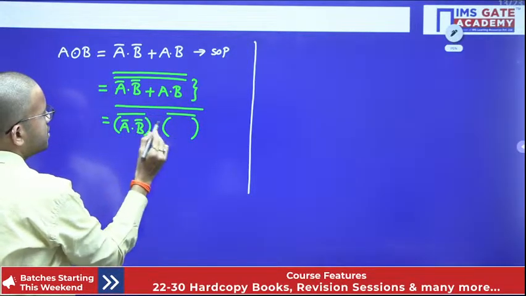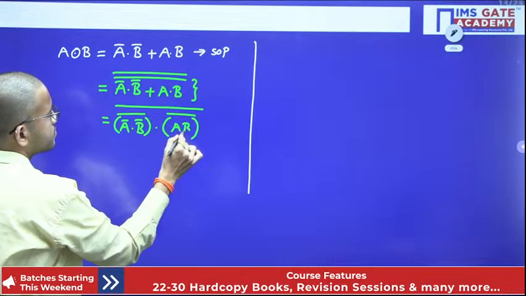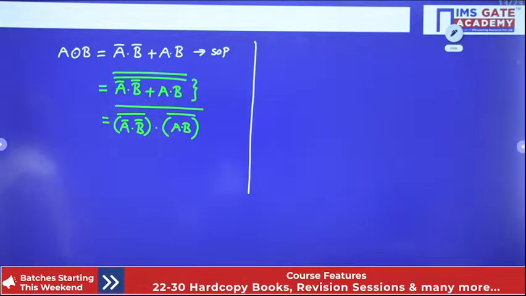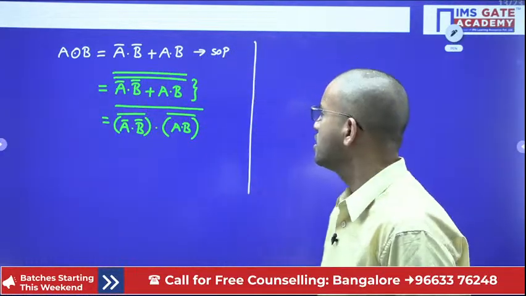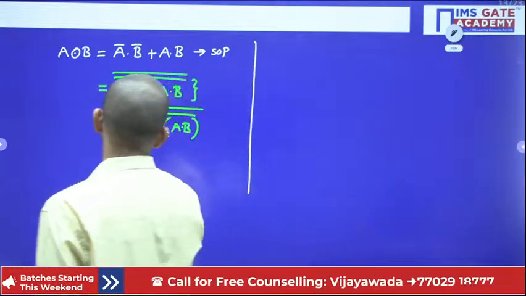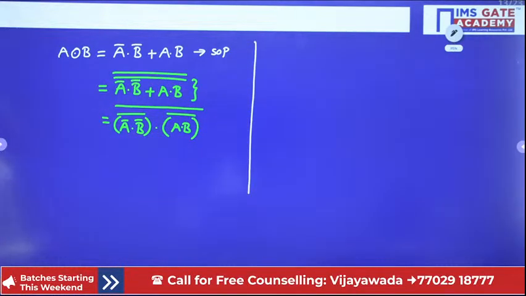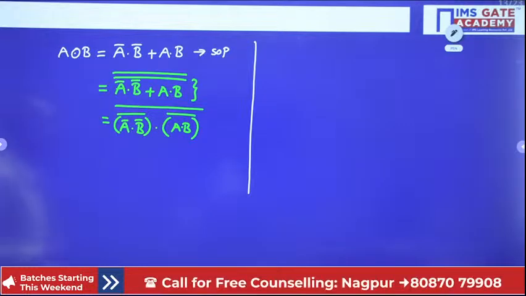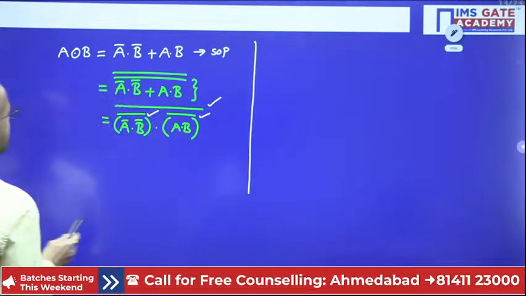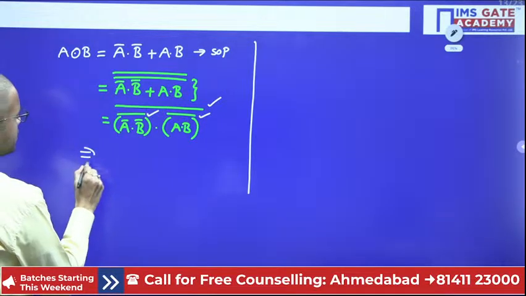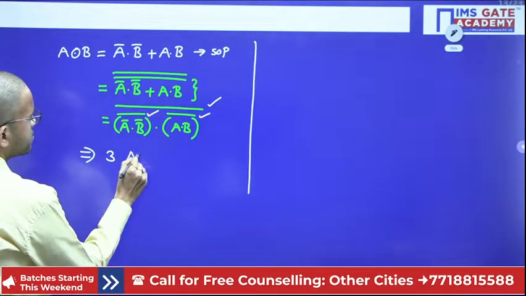A bar B bar and then AB. Now you can cross check. I hope all of you will get the correct answer. Earlier you might have got it wrong, but now you look at this particular expression, you will get the correct answer. Yes, very good. 3 only. 1, 2, 3. That's all. We require 3 NAND gates.